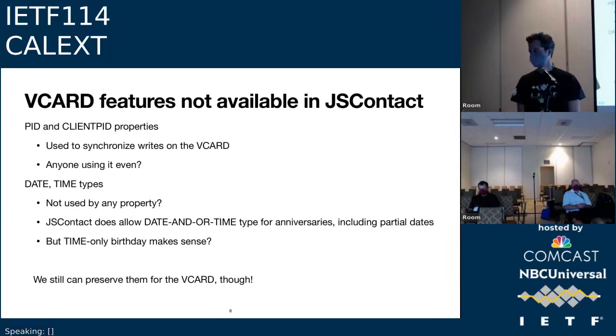These are defined in vCards for synchronization, so that different applications can work on the same vCard simultaneously and keep track of who added or changed what. I haven't seen this in use anywhere. I also have doubts that this is how synchronization should be done. That being said, we can of course preserve these values if they show up in a vCard, but as for now, we have no intention to provide a similar mechanism in JS contact.